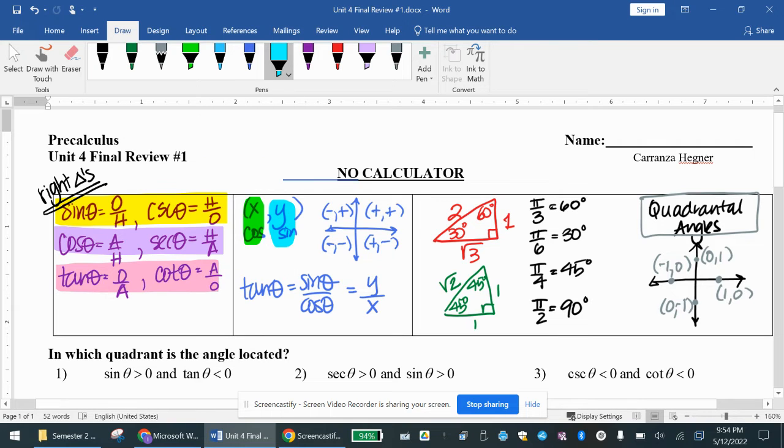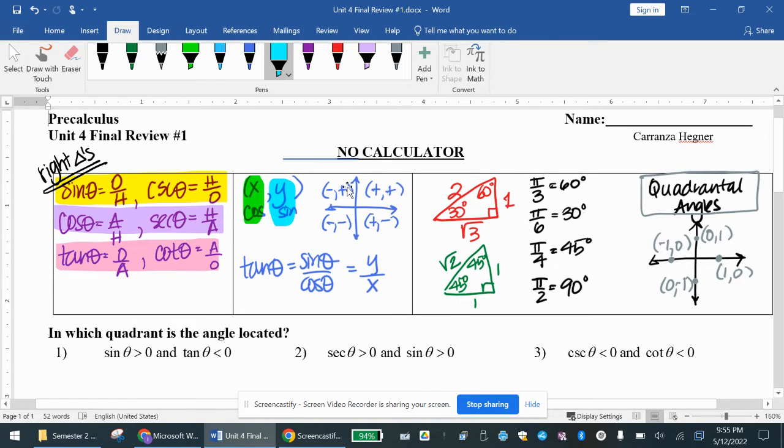When you're looking at what quadrant an angle lands in, you've got to remember that x is cosine and y is sine. Now remember, there are specific values of positives and negatives depending on what quadrant the angle lies in, so I put these here just to help you remember.